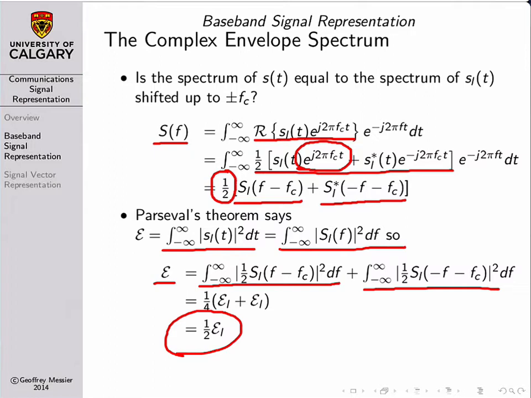It's important to stress that the passband signal and its baseband representation are not the same signal. The baseband signal represents sort of the information content of the passband signal, but it's not strictly the same signal. It's not equivalent in terms of energy, and that's why it's okay to have this 1/2 term.